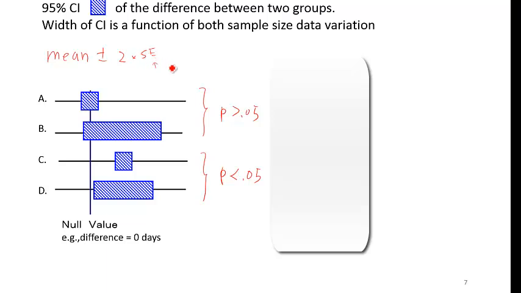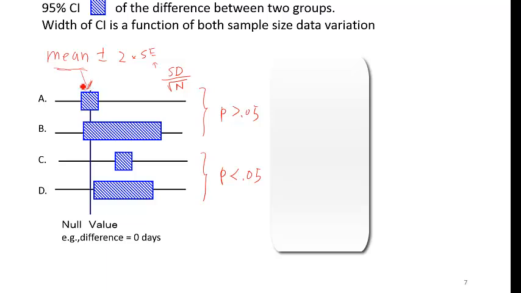And SE you can compute, if you have seen the video on SE, as the standard deviation over the square root of the sample size. So in A, the mean is very close to 0, although the sample size is very large, therefore the confidence interval is very narrow. But it did not result in a significant difference because the mean is very close to 0.